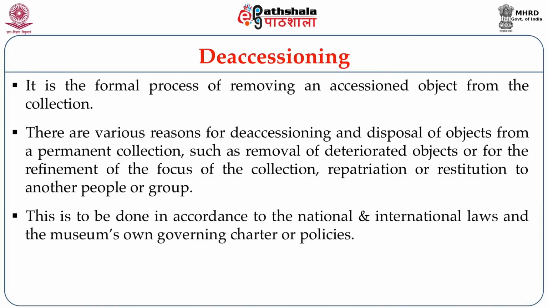This is to be done in accordance with the national and international laws and museums' own governing charter and policies. During deaccessioning, all the national and international laws should be followed strictly.